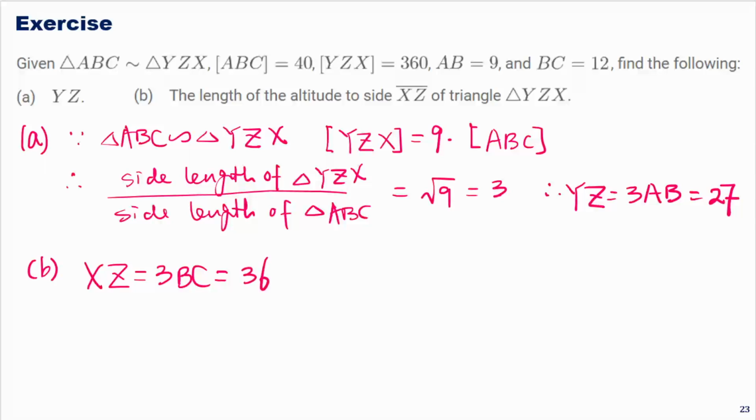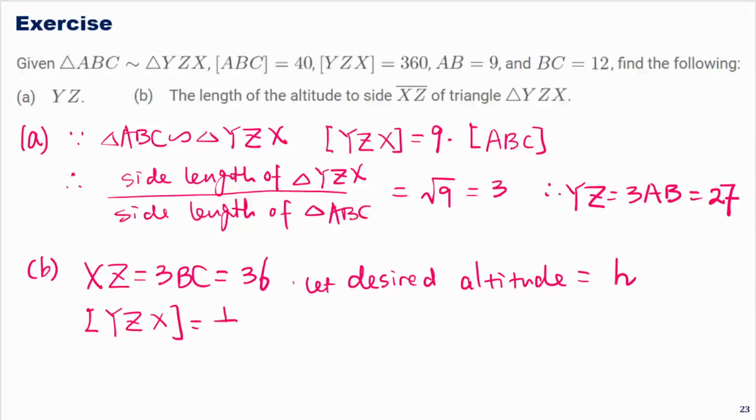Letting our desired altitude have length h, to facilitate our discussion, then we have the area of triangle YZX equals a half of XZ times the corresponding altitude h.